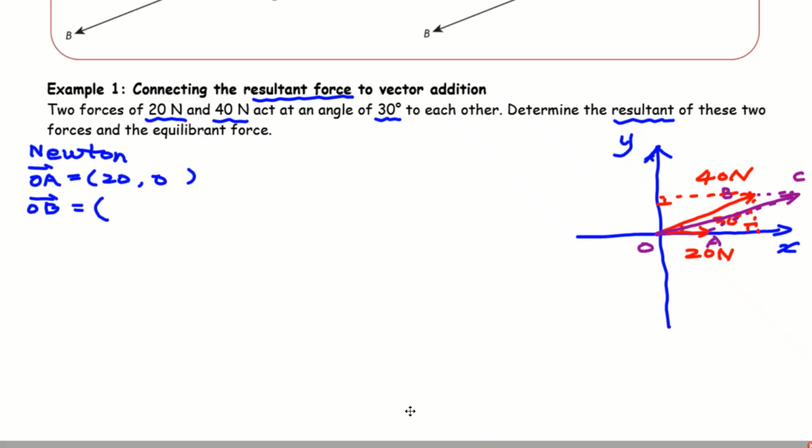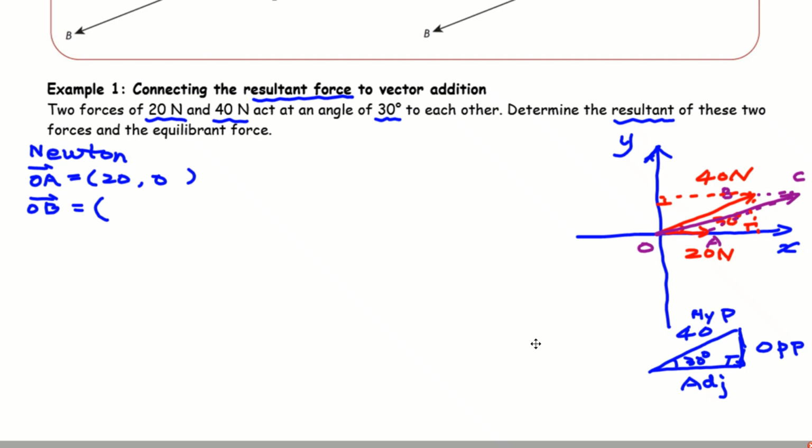For that, if we draw a right angle triangle here, this is 30 degrees, this is 40. In this right angle triangle, based on the 30 degrees, this is opposite, this is adjacent, and here is our hypotenuse.